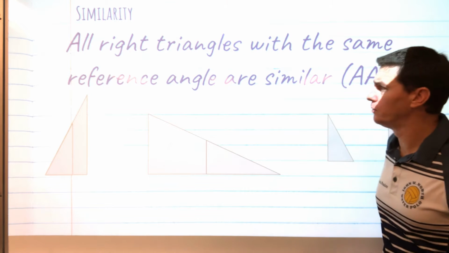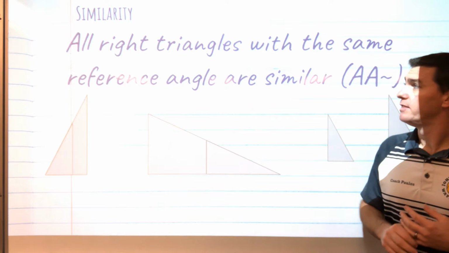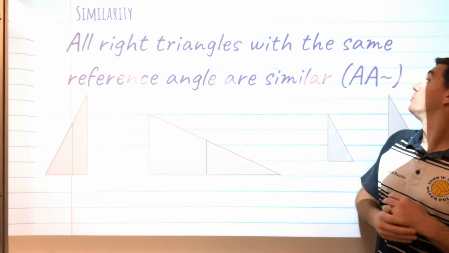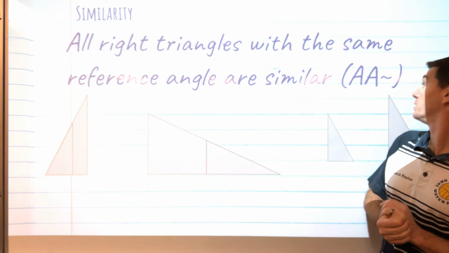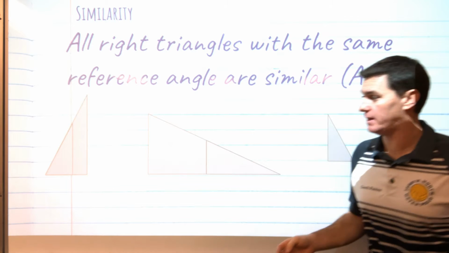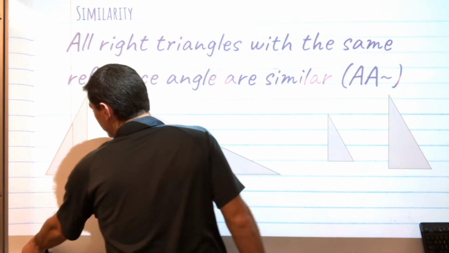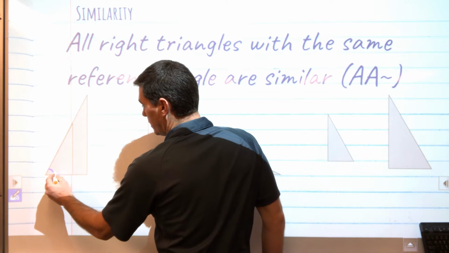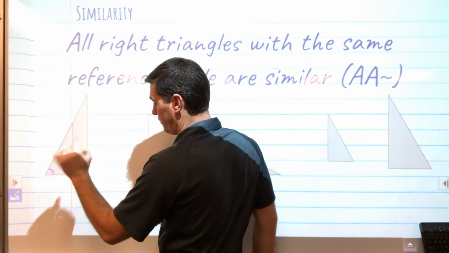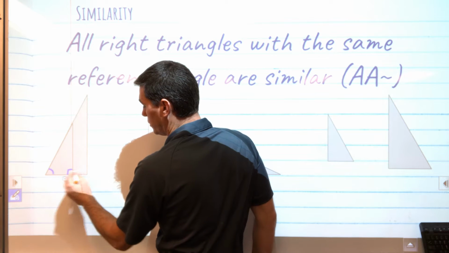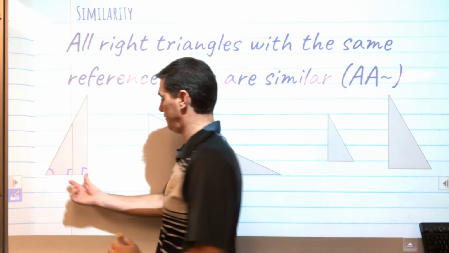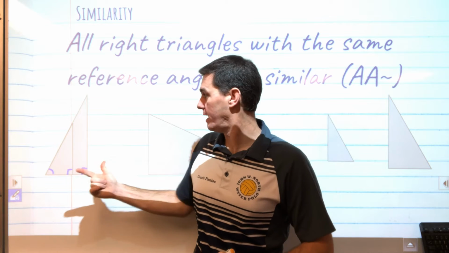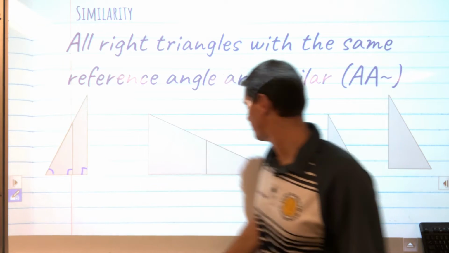All right, so keeping that in mind, and also understanding similarity, that all right triangles with the same reference angle are similar by angle. What I mean by that is, if we have two triangles that share this angle, they have one pair of angles in common, and then they also both have a right angle. And so by angle similarity, we create two similar triangles.